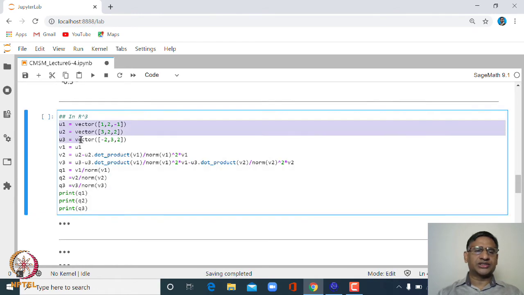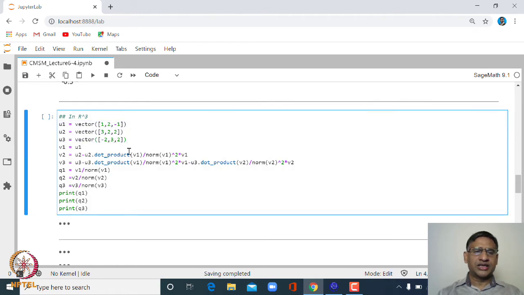So let us extend this to R3. Suppose I have 3 vectors u1, u2, u3 in R3. Now we will do the same thing. Again we start with v1 equal to u1, and v2 is obtained exactly as in the previous case: from u2 you take out the orthogonal projection of u2 onto v1.